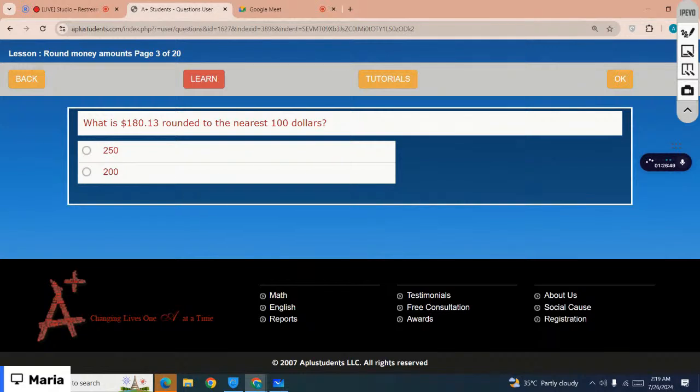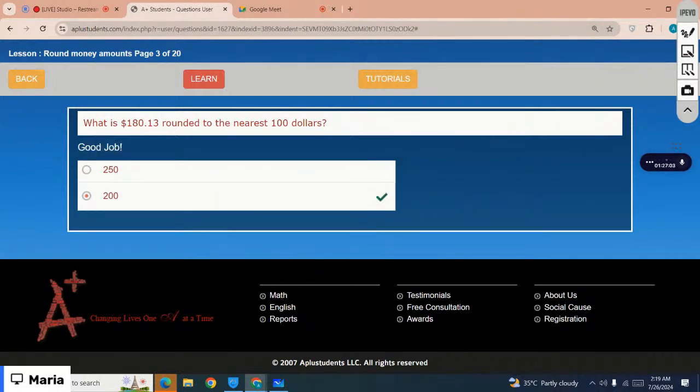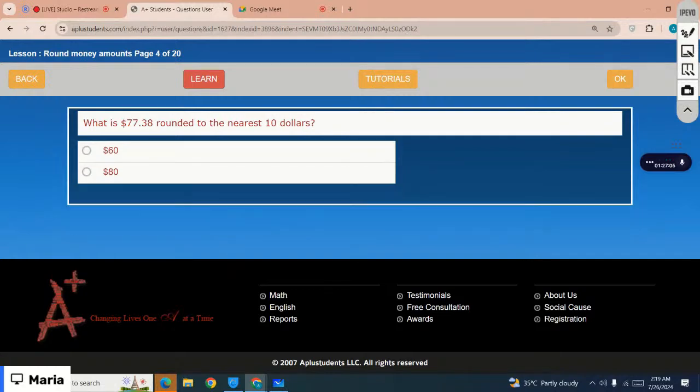The correct option is 200, right? Because you need to round to the $100. So the correct option is 200. Very good. Okay, the next one is what is 77 rounded to the nearest $10? So which is the correct option?